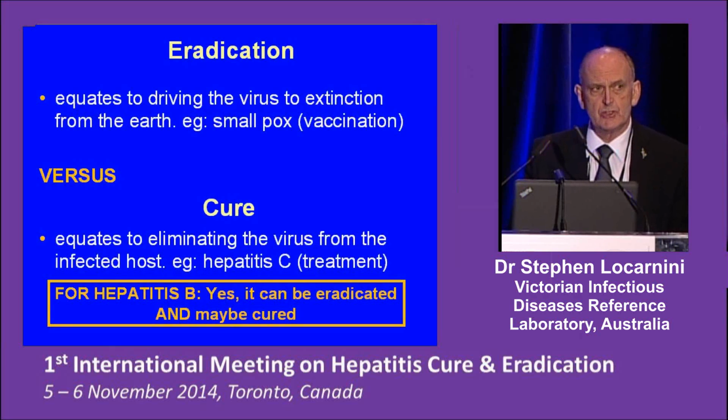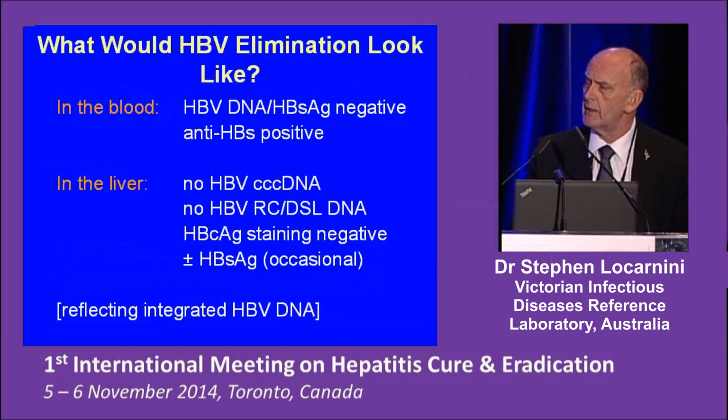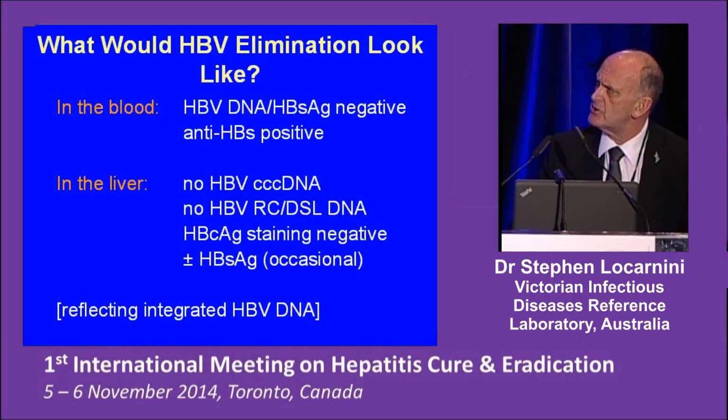So if we did achieve a cure, what would it actually look like? What would the hepatologists and the virologists finally actually agree on? And in the blood, we would obviously have DNA negativity, surface antigen negativity, and anti-HBs positive. I think there'll be a lot of discussion about what we accept will be in the liver. So we obviously don't want to have any cccDNA measurable by any assay. We don't want to have any relaxed circle or double-stranded linear DNA, because that would certainly imply active replication.